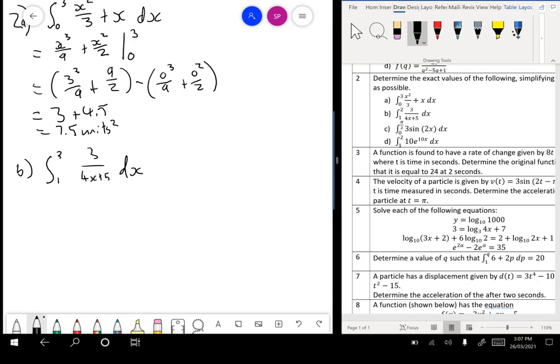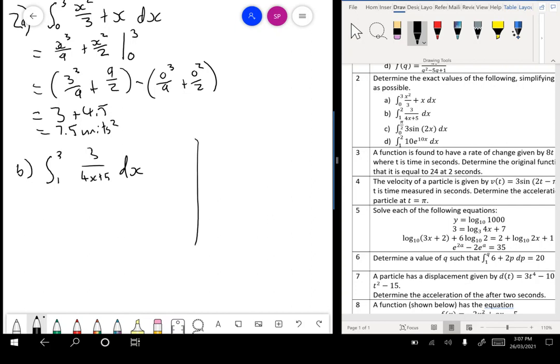So the way you do these is you consider a similar function and differentiate it. So you sort of go backwards.